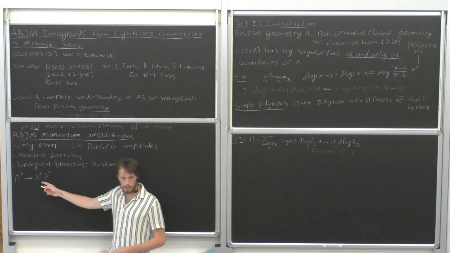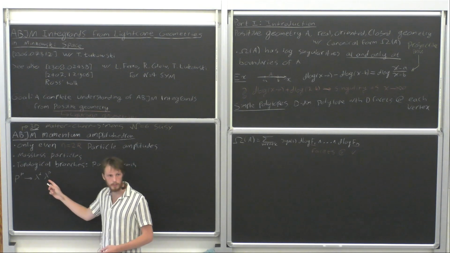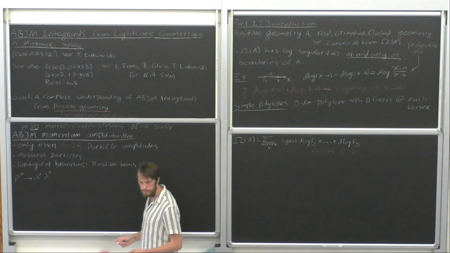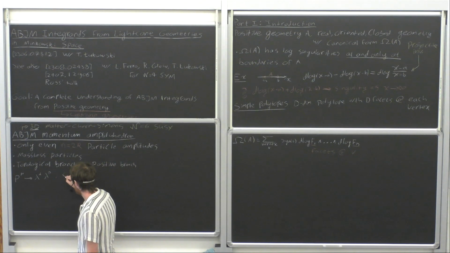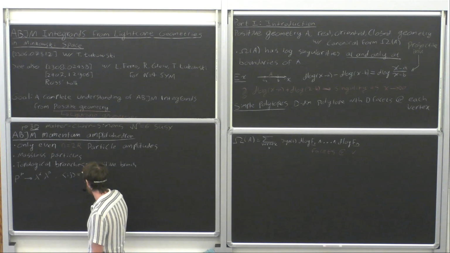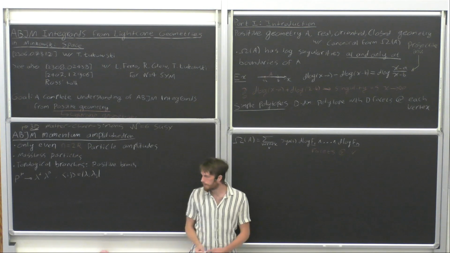So in 4D we would have lambda and lambda tilde, two different spinors, but in 3 dimensions we only have one. It's the same lambda. And we can use this to define the standard Lorentz invariant brackets, which is just the determinant of lambda i, lambda j.